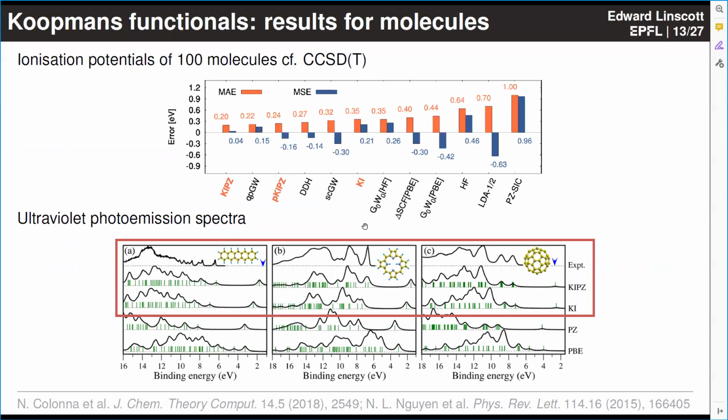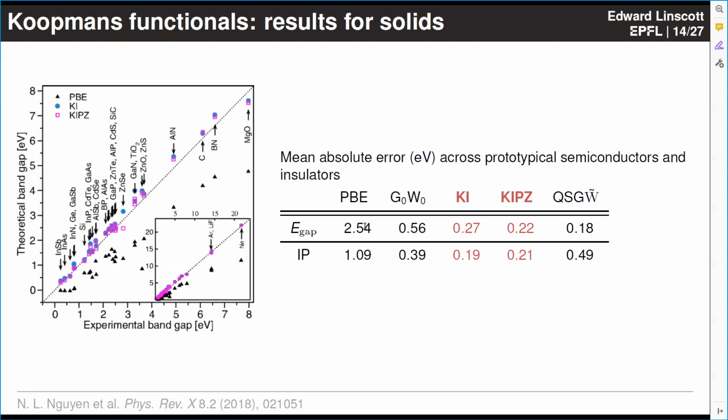Okay, so these are some results that Andrea already showed, so I will skip over them: we get good results for molecules, not just for the ionization potential, but also for all the orbitals throughout our system, getting nice quantitative agreement with experiment. These results haven't been shown already: this is now for solids, still done in the supercell approach.